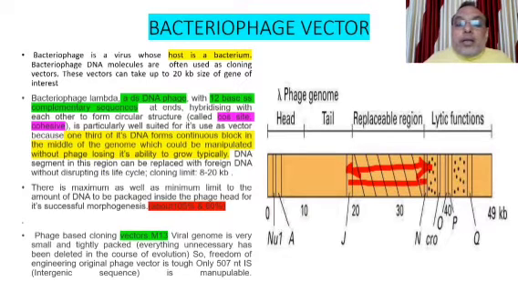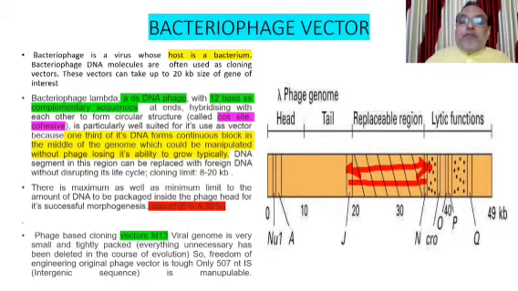So it has cos sites as well as a platform, a slot at which the desired DNA could be integrated. But another handicap is there. That is its peculiar characteristic in packaging, particularly in the morphogenesis of its heads.